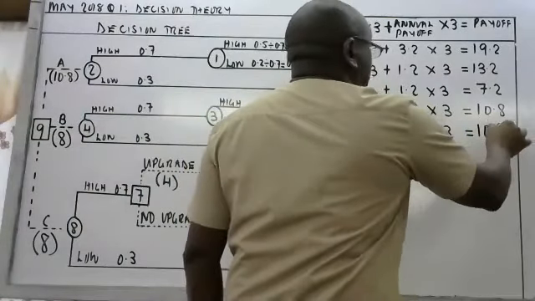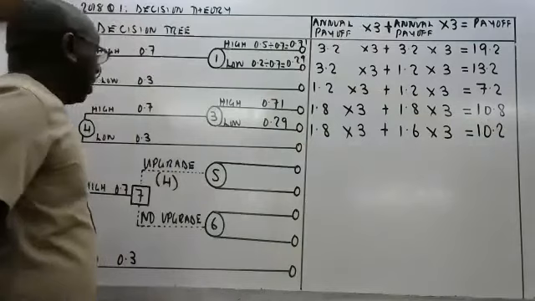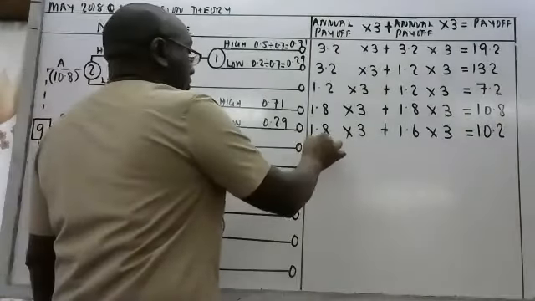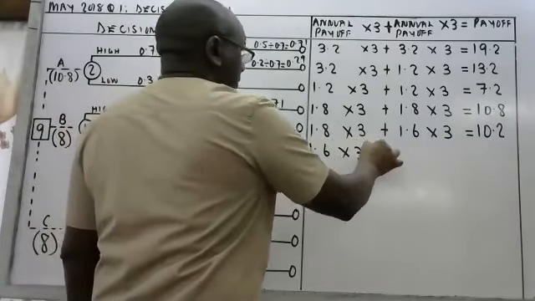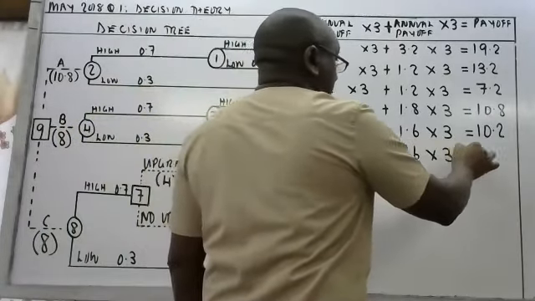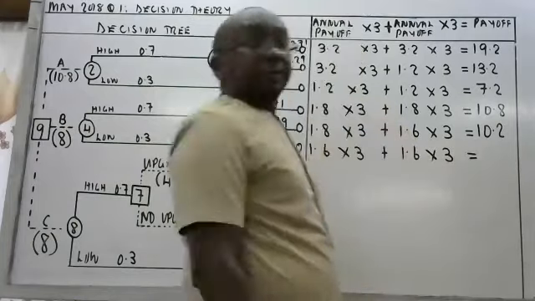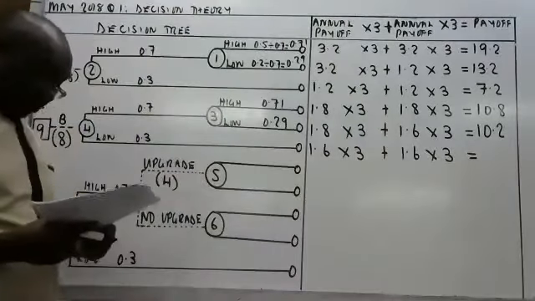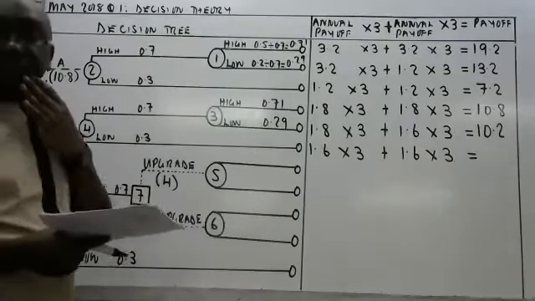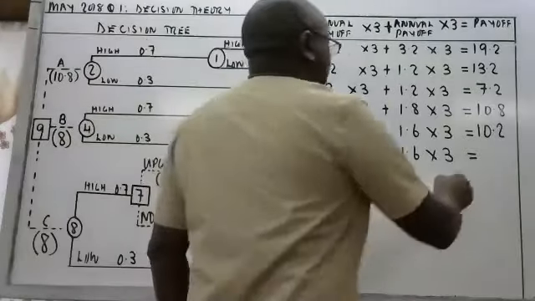Okay, 10.2. Then if it is low it will be 1.6 times 3 plus 1.6 times 3. 9.6.